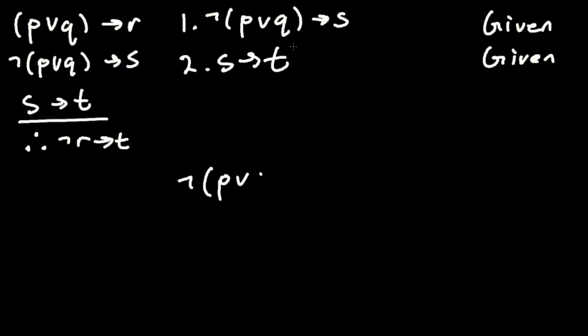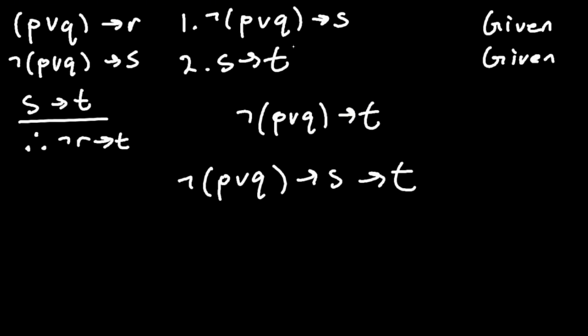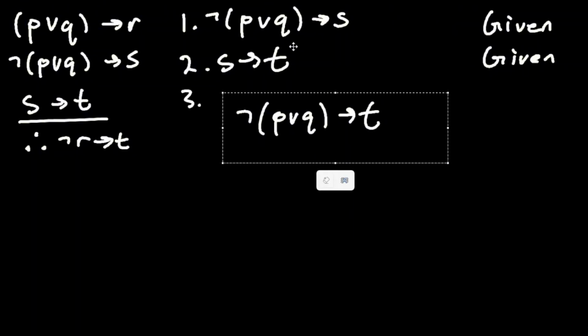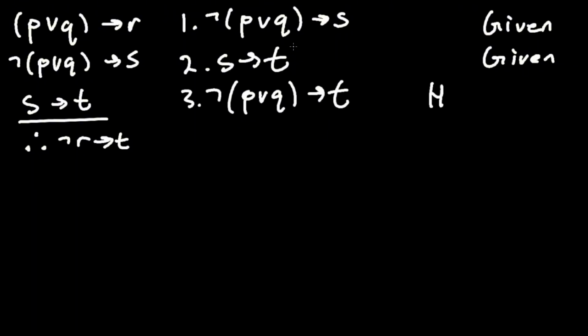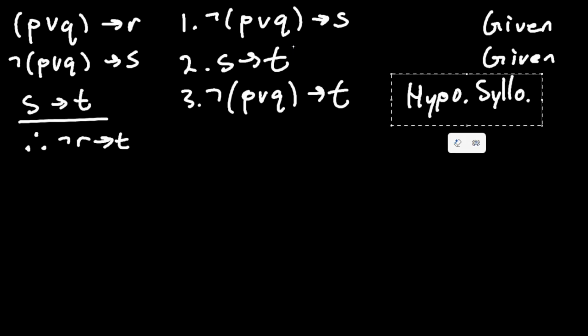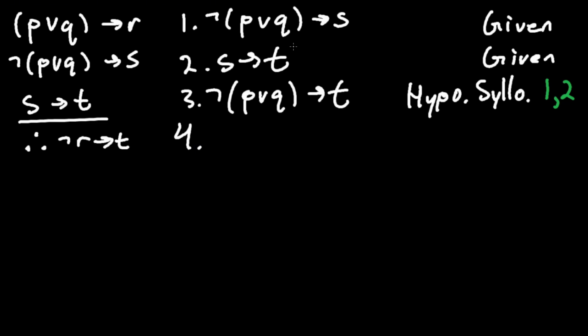So remember, this is hypothetical syllogism, → S, and → T. S is connected to T. Not (P or Q) is connected to S. We can connect them all together to get not (P or Q) → T. So this right here is hypothetical syllogism. And I don't have enough space to write down the numbers 1 and 2.